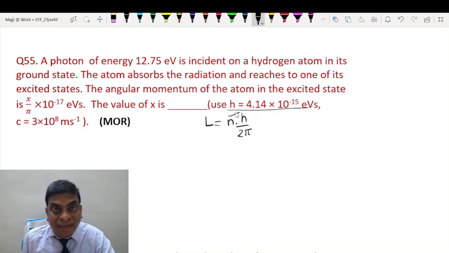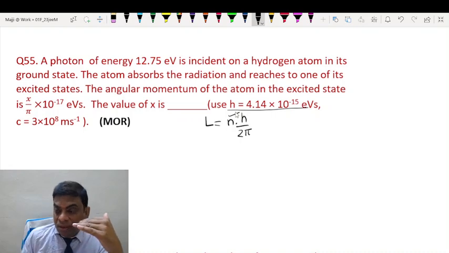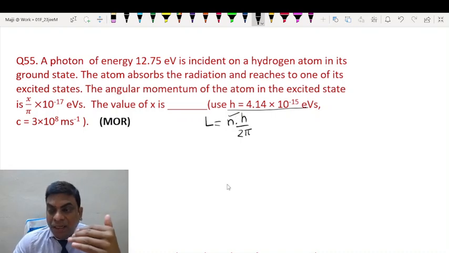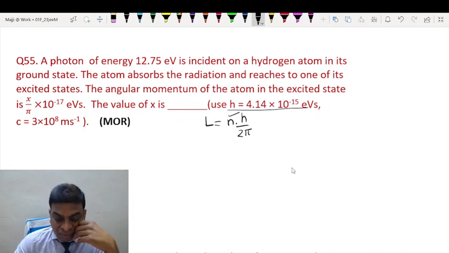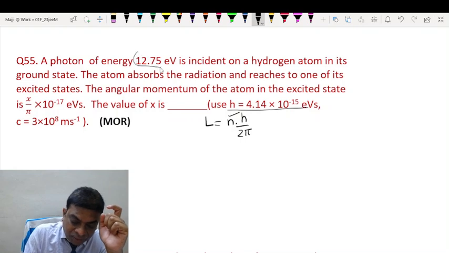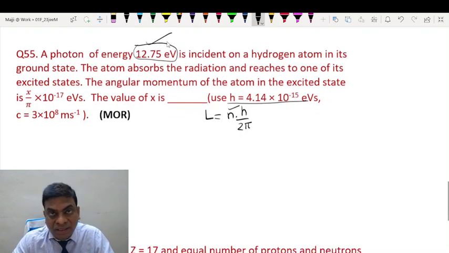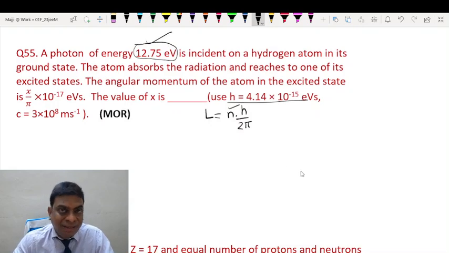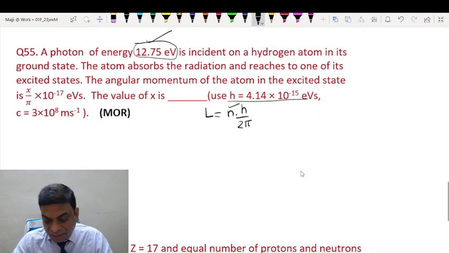It's a matter of finding n, that is, to which principal quantum number did the electron rise. Initially, the hydrogen atom was in the ground state, but as soon as it absorbs this energy, it will rise to some higher energy state other than n equal to 1. So we have to find that n and put it in to get the answer.